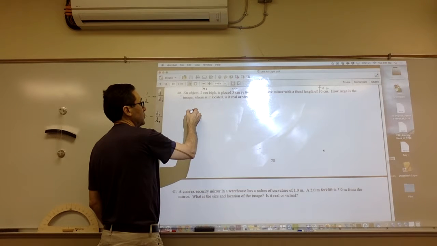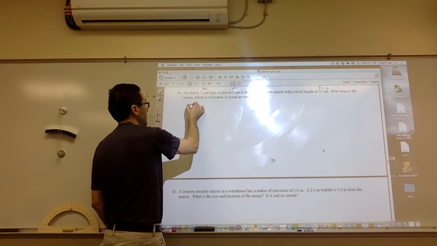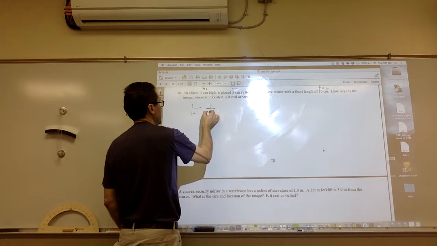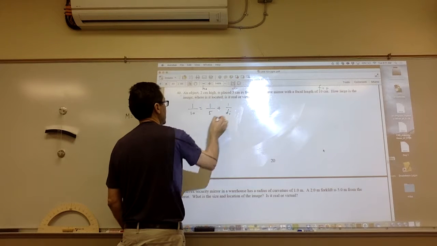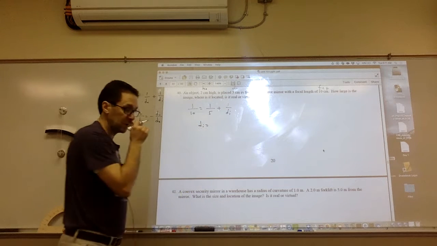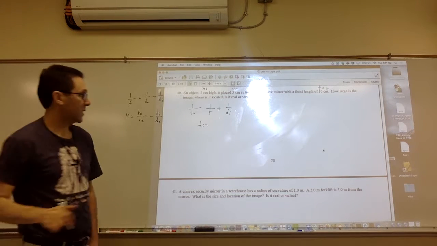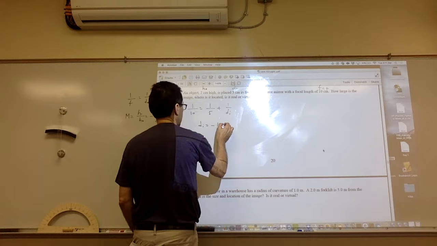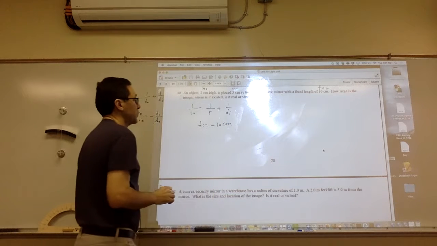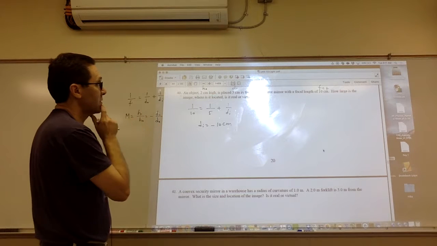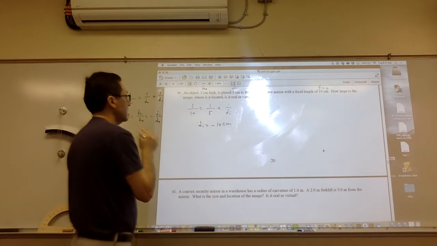So what we can do here is find DI first. 1 over F equals 1 over DO plus 1 over DI. So DI is equal to negative 10. And that should be expected because our object is halfway between the mirror and the focal point.